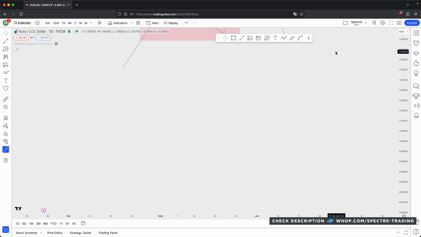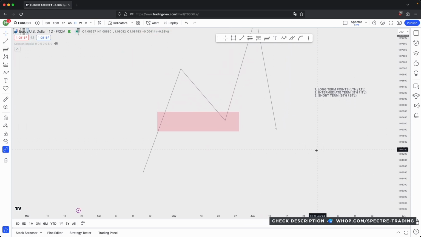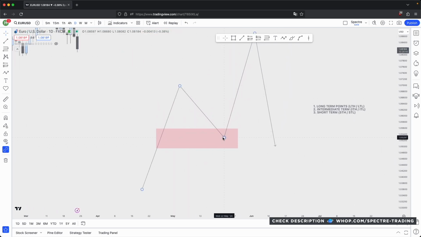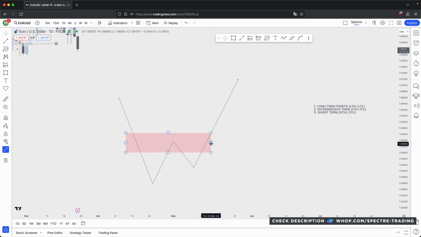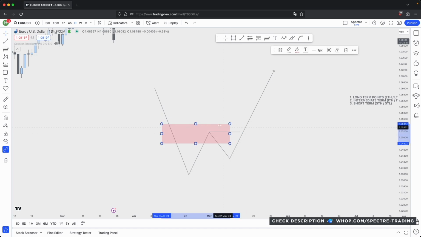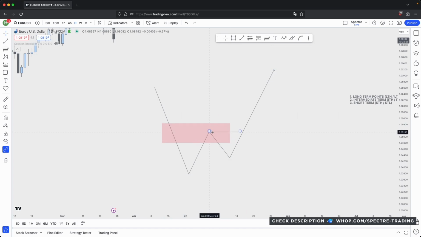Now, the second way it could form is, if you imagine this on the lower time frame, let's draw a better example. Like so, here. So imagine this is where you have your market structure shift. You only have a market structure shift here because there was an intermediate term high here.